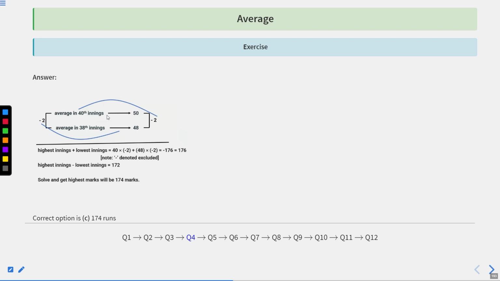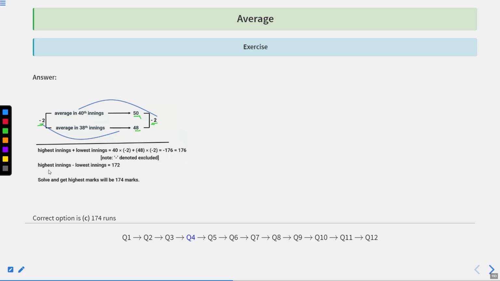So the average in 40 innings is 50 and the average in 38 innings is 48. So the deviation in the average is -2 and the difference in the number of innings is also -2. So the highest inning plus the lowest inning is equal to 40 times -2 plus 48 times -2, that is equal to minus 176.